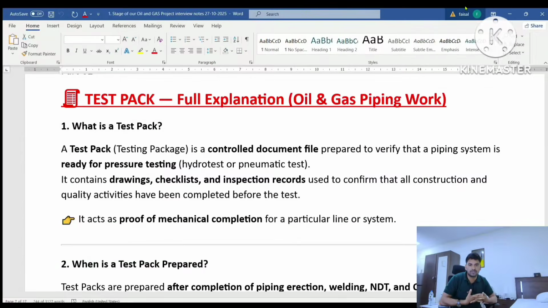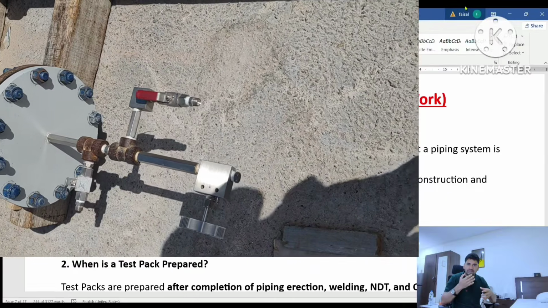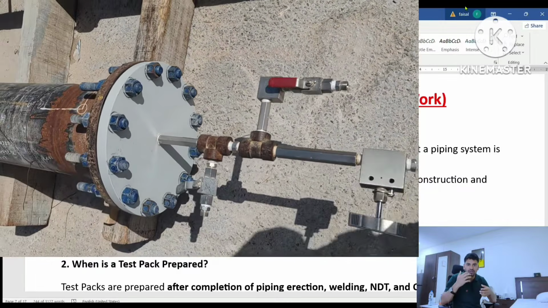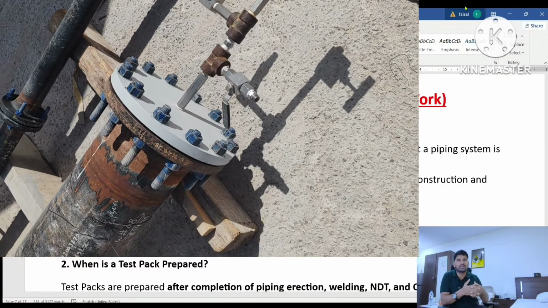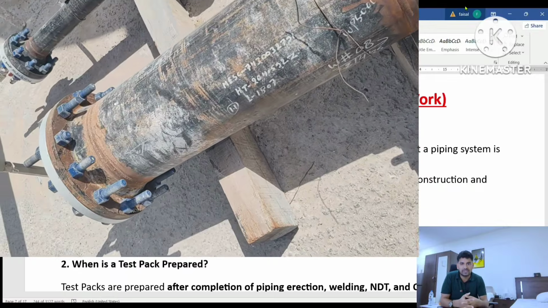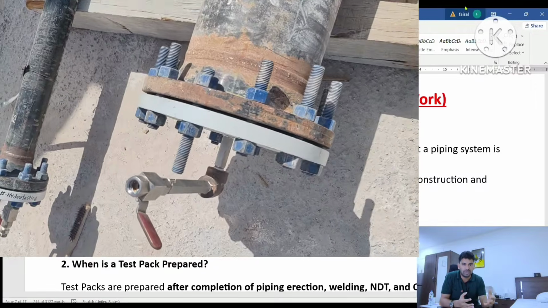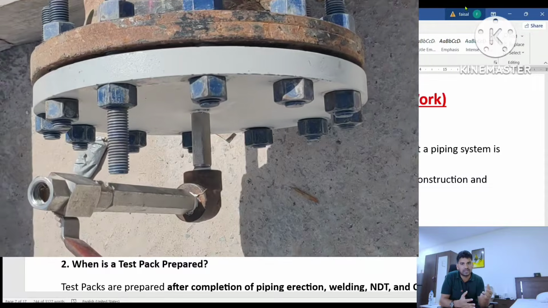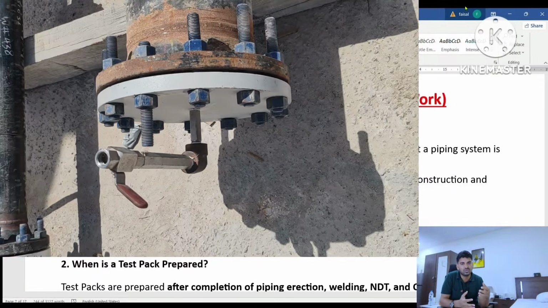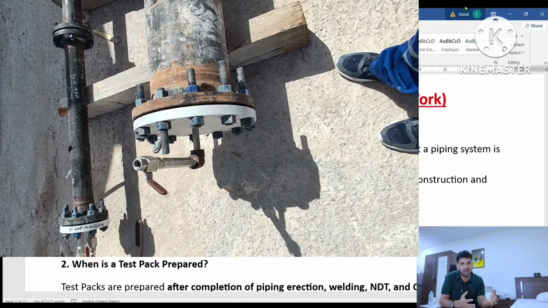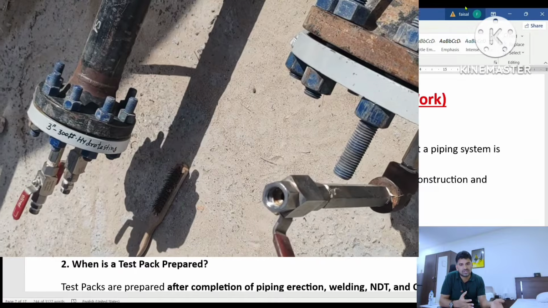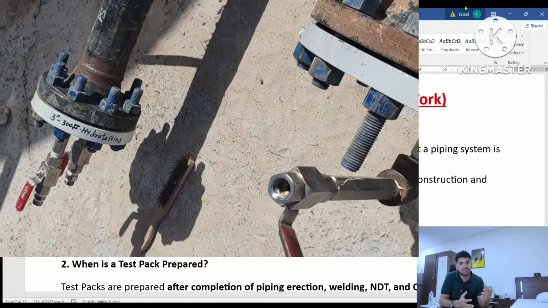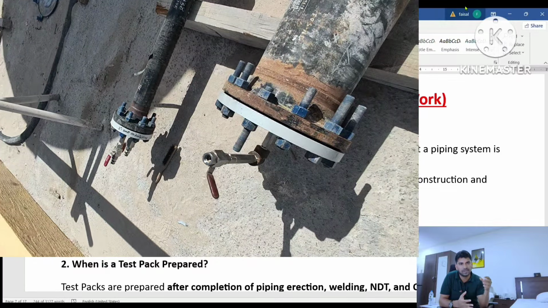In simple words, a test pack is a complete set of documents that contains all the technical and inspection details required to verify, execute and record the pressure testing, such as hydro testing or pneumatic testing, for a specific piping system or piping line.